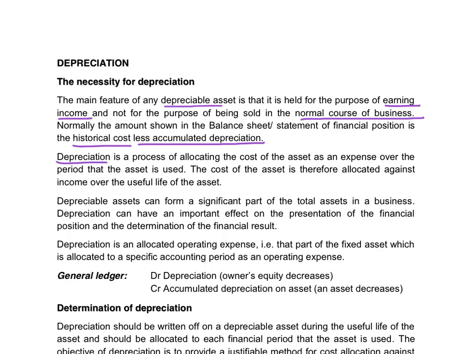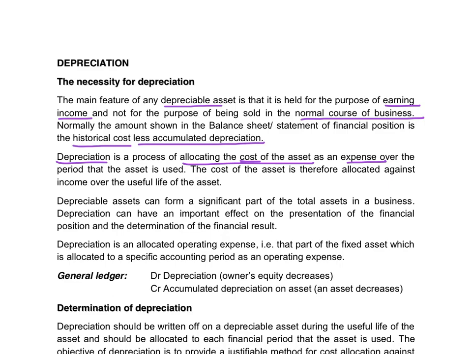Depreciation is the process of allocating the cost of the asset as an expense over the period that it is used. So it means if we purchase a vehicle for 200,000 Rand and we decide to use it for 5 years, then we want to allocate this 200,000 Rand, the cost of the asset, over the time that we use it. So we write off depreciation.